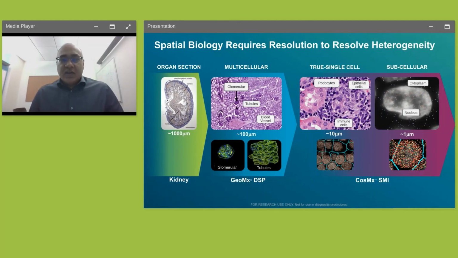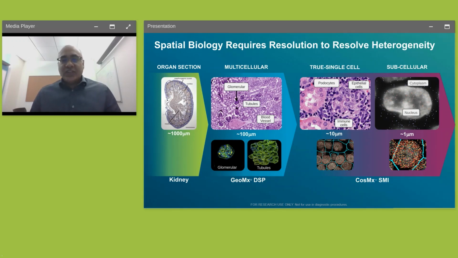Comprehensive understanding of spatial biology requires integration of information at three different resolutions: multicellular, single cell, and subcellular level. NanoString is dedicated to developing spatial solutions for all three spatial resolutions. We already have the GeoMx DSP platform available in our market.